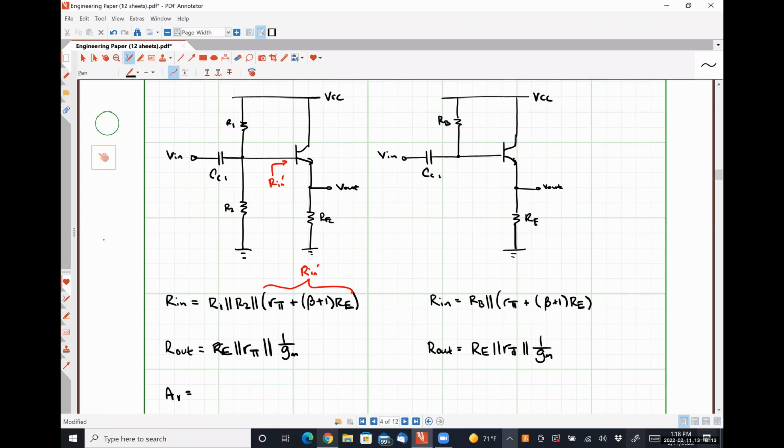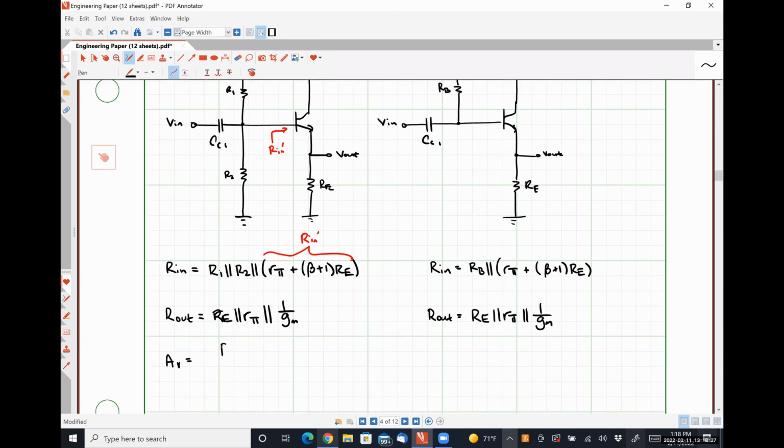So this is going to look like, what is it, R pi, or excuse me, RE over RE plus something, right? And the voltage gain for the right-hand side is literally the exact same expression.